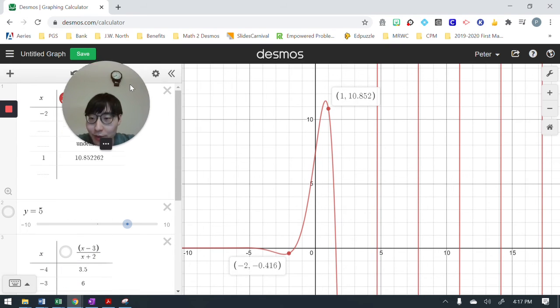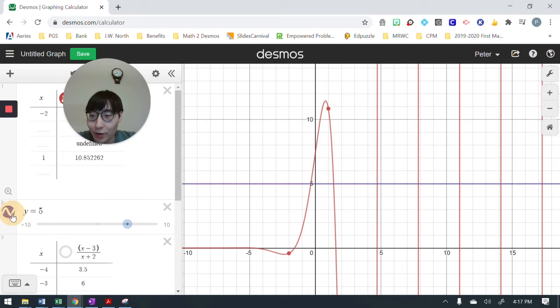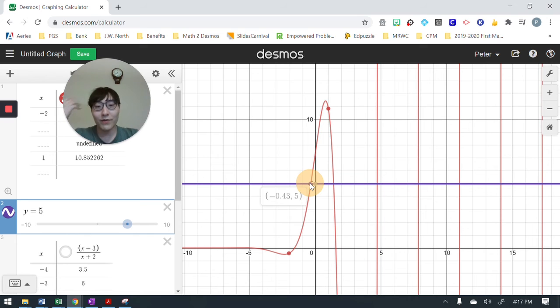That's why I graphed y equals 5, right? And there's only one intersection that I see, around negative 0.43. So the C value is around negative 0.43 if we really have to find it.